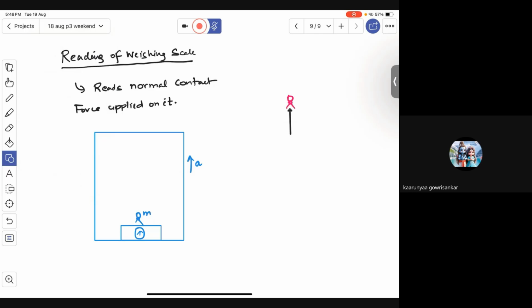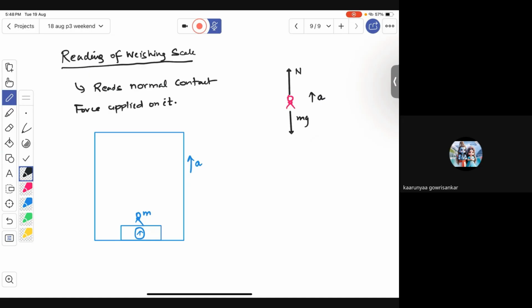And what else will act? mg will act. I can shift the vector parallel to itself so that it looks nice. I'm just drawing that normal contact force here. And what else acts? mg, no? And what we observe is that it is going up with some acceleration a.